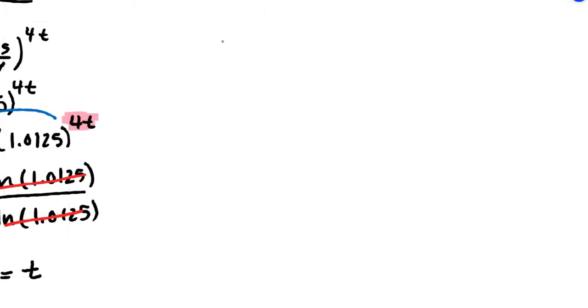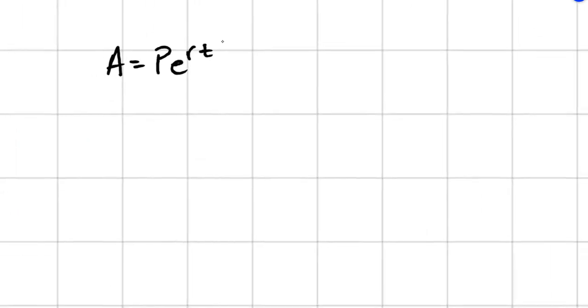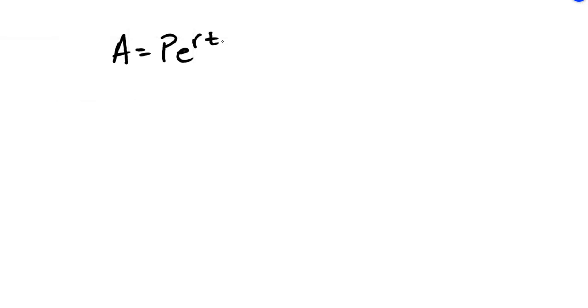So if we use A equals P e to the rt, if you remember, our accrued amount was $150. We had an initial amount of $100. Our interest rate was 5%, and we were solving for time.